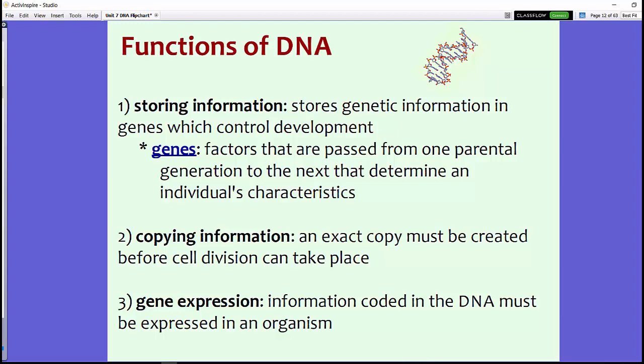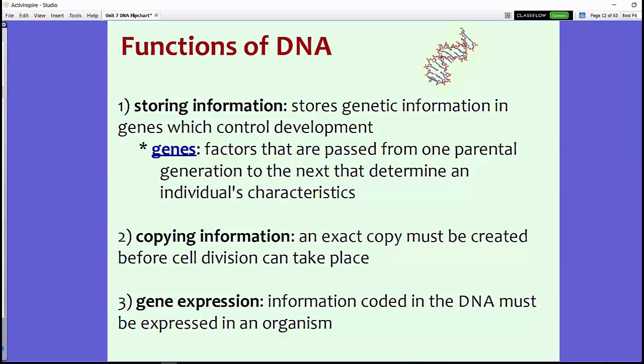Now, the cell itself, and we'll talk more about this in future units, might have certain genes turned on and off in order to do the function that that cell needs to do. Blood cells, for instance, are going to look a little different than a skin cell. They might have certain genes turned on and off, so they work how they're supposed to work. That's basically what the DNA does. It turns things on and off.